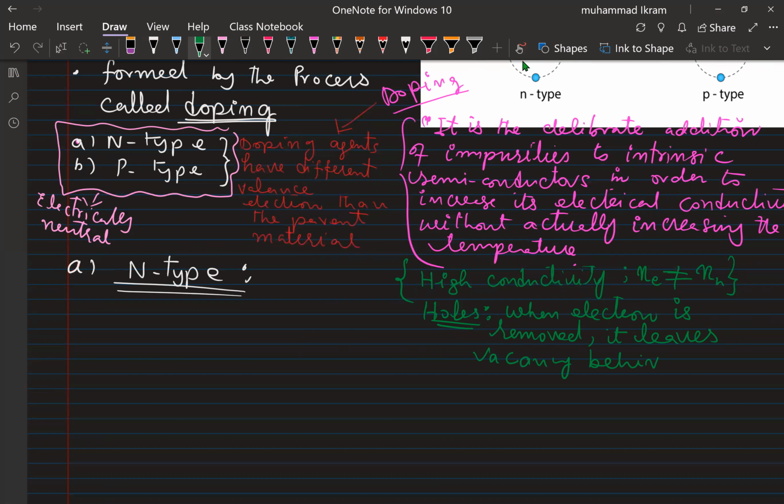The word hole is not good. I usually call it the vacant site. It is called the hole or the vacant site.